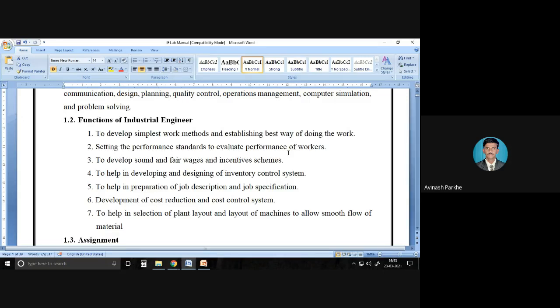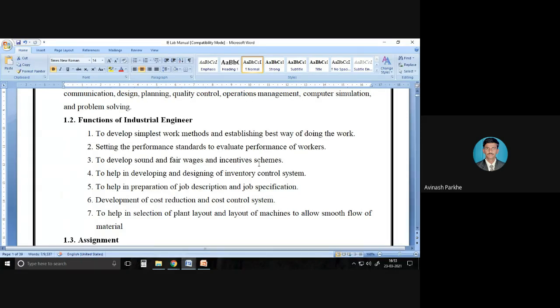Like that, we have to check the performance of that worker. Who is checking the performance of that worker? That is the industrial engineer. So the role of the industrial engineer is also important in checking the performance of the worker. Then, to develop sound and fair wages and incentive schemes.